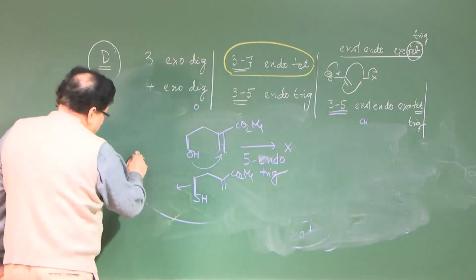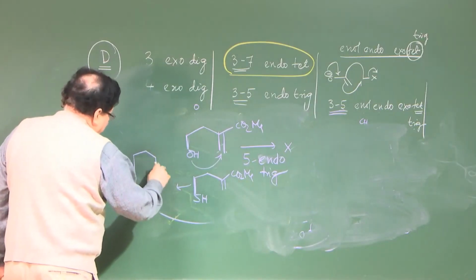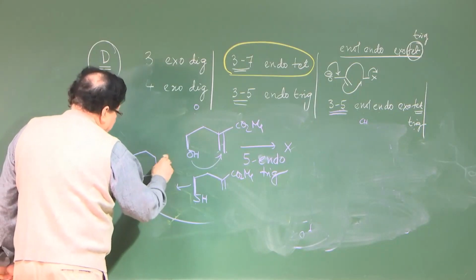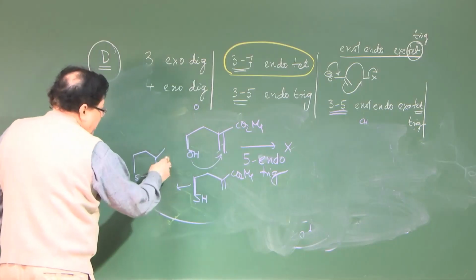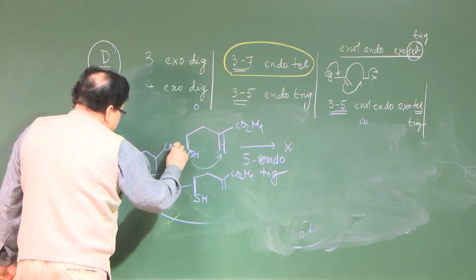So, in this case you will form this thiophene, the reduced thiophene product like this.